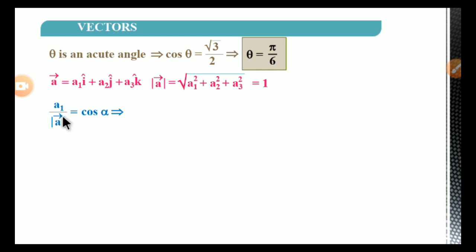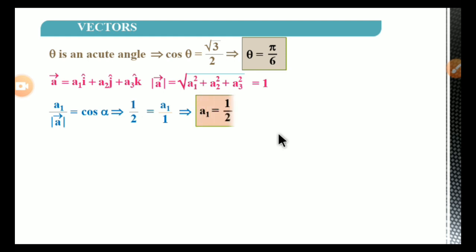Already we have discussed this in the part on direction cosines. Therefore cos alpha is equal to the first component divided by the magnitude of vector A. So cos alpha is equal to 1 by 2, so 1 by 2 is equal to a1 divided by 1, because the magnitude of vector A is equal to 1, as we have already taken.